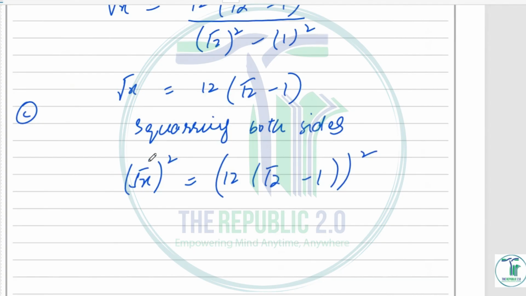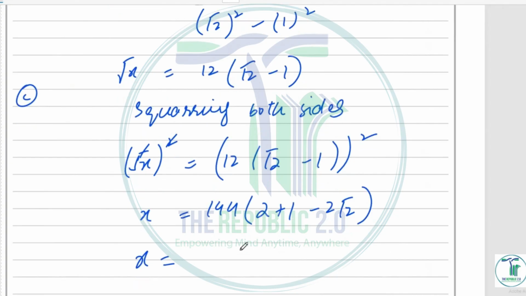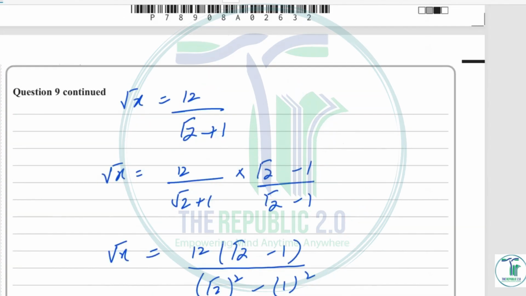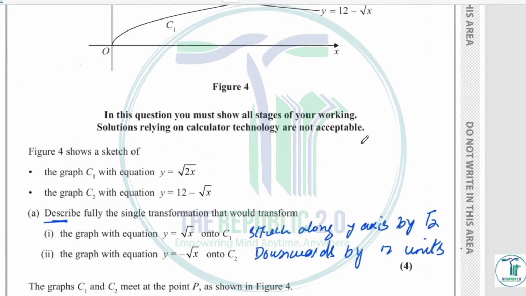This square cancels out the square root, and you must be having x. 12 square has to be 144. And under root 2 minus 1 square, if you expand that down, you must be having 2 plus 1 minus 2 under root 2. So the answer of x has to be something like 144 times 3 minus 2 root of 2. That is x. And now you're looking for y. For example, if you're looking for y, you've got 12 minus root of x and you've got under root 2x.